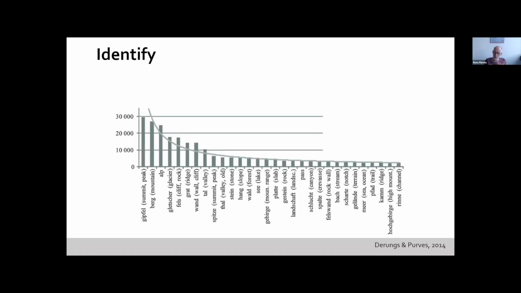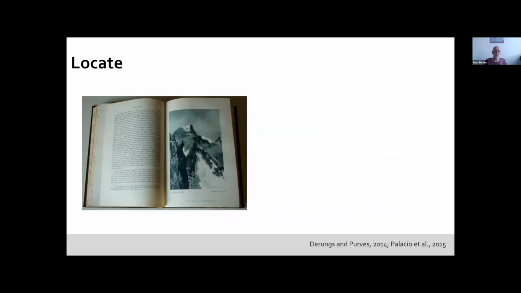The first thing we do is extract the terms that are used to describe these landscapes. That's this identification stage. And you can see, it's not very surprising, the most common term is the summit or the peak, and then mountains, Alps, glaciers, cliffs and rocks, ridges, and so on. These are the terms that people are using in this corpus to describe these landscapes.